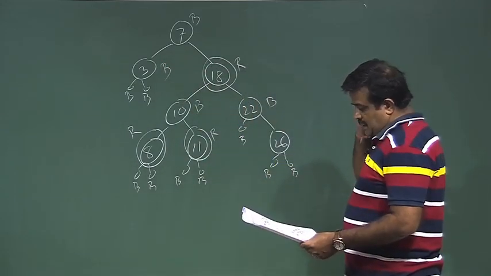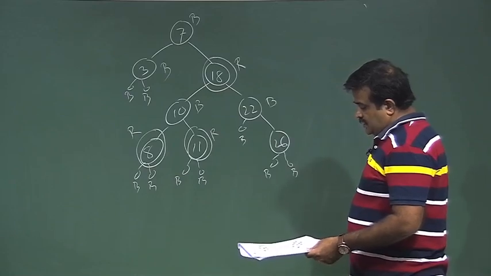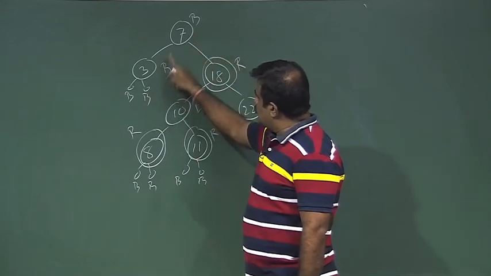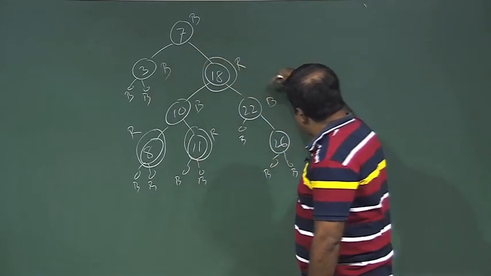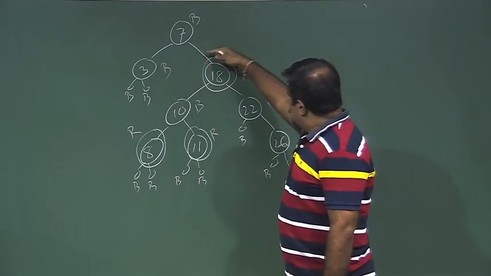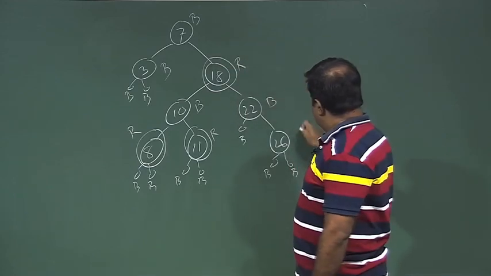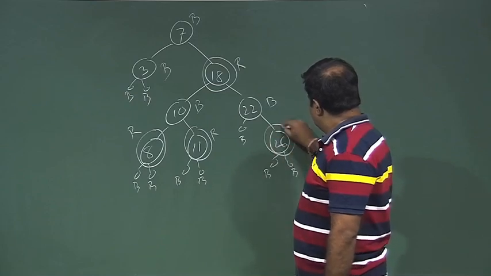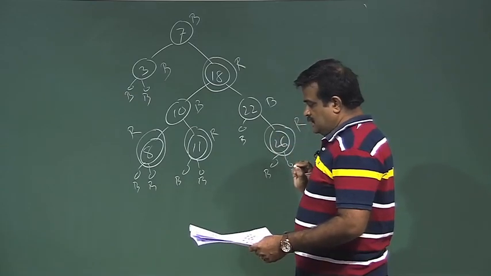So if you count the black height from this node, this has to be red. Yeah, this is red basically.